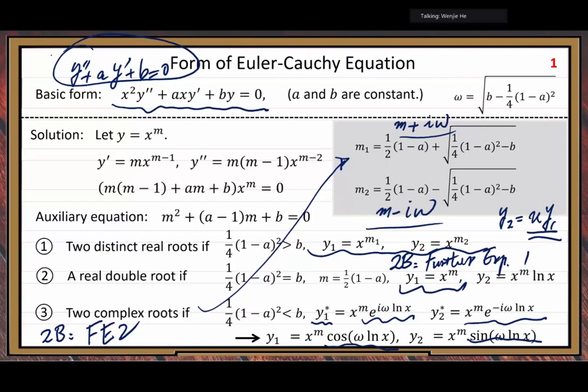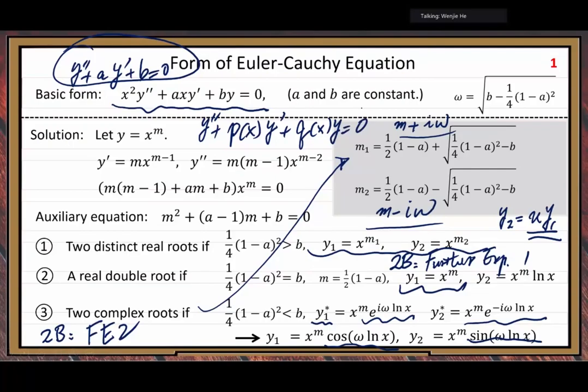So you can see for relatively simple second order linear ODEs, we can find solutions. Let's recall the general form of the second order linear ODE.